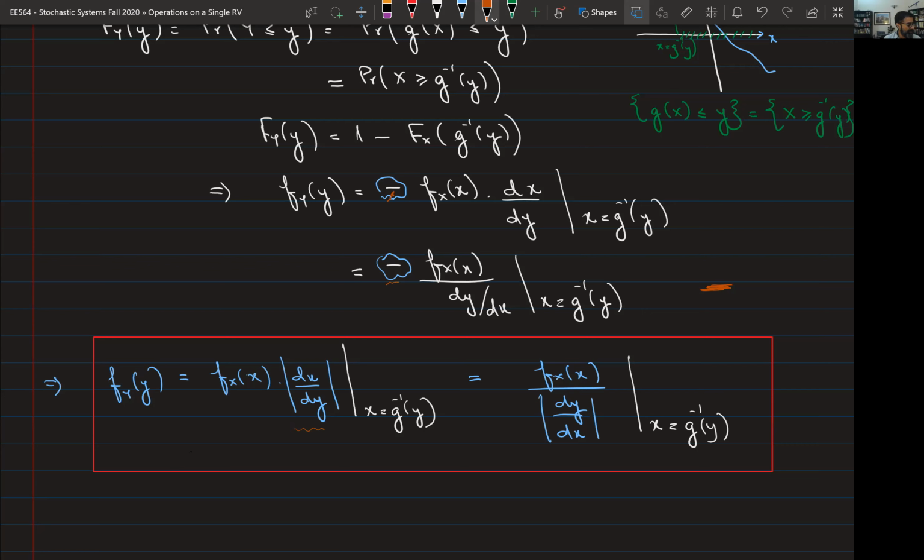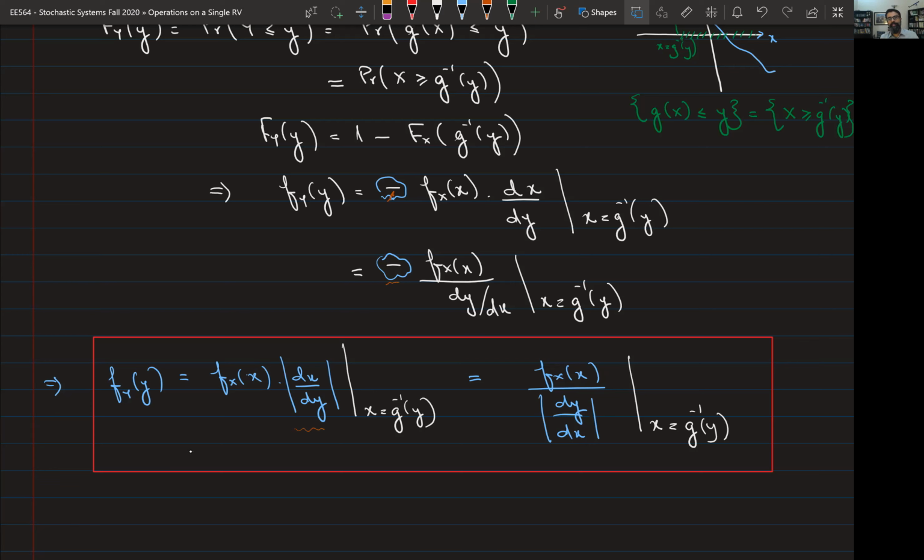Now, what's coming up next is what do you do if the function is not monotone? If it is not monotone, it is not necessarily one-to-one. So you'll be able to find some y's for which there are multiple roots. How do we deal with that kind of scenario?